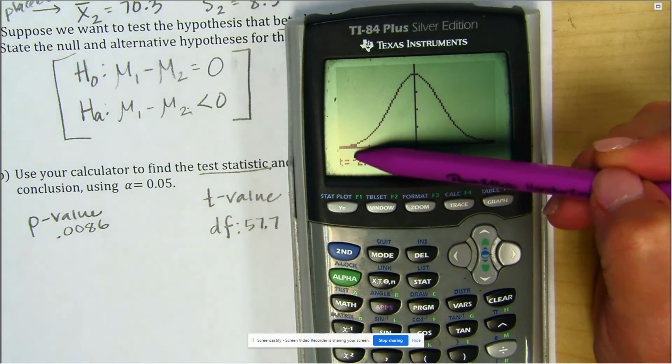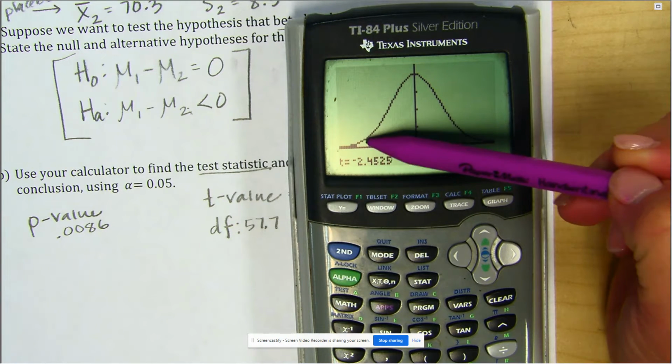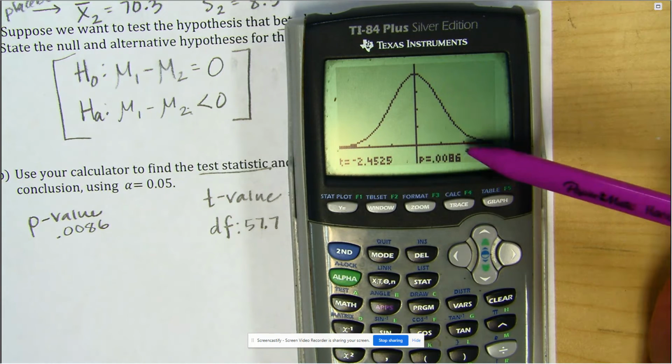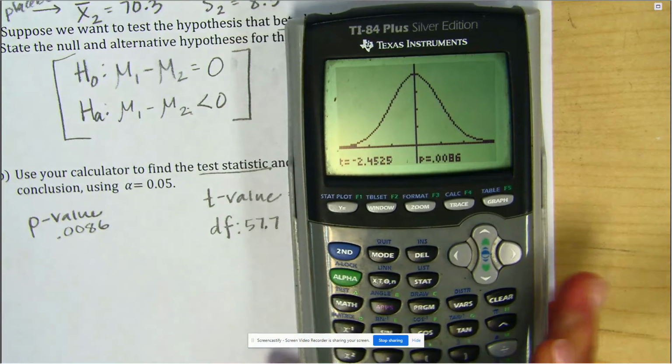So we're way over here, 2.45 standard deviations away on the t distribution, which is a probability of 0.0086.